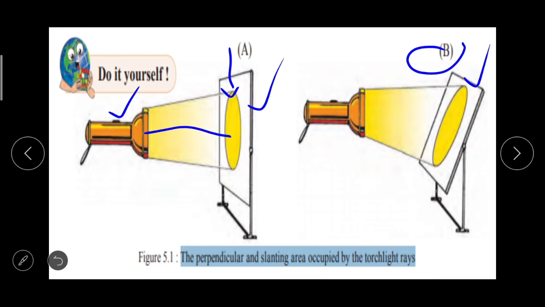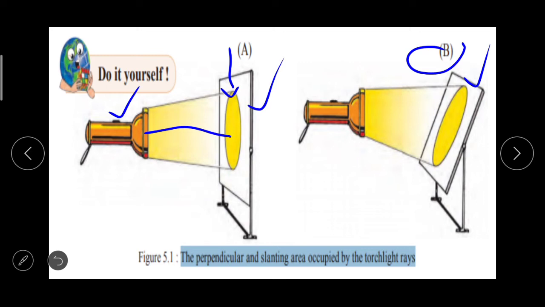Now here what we have to do, name that paper B, and now observe both the papers A and B. Now by observing these papers, questions are there. On which paper does the beam occupy a larger area? On which paper is the area smaller?